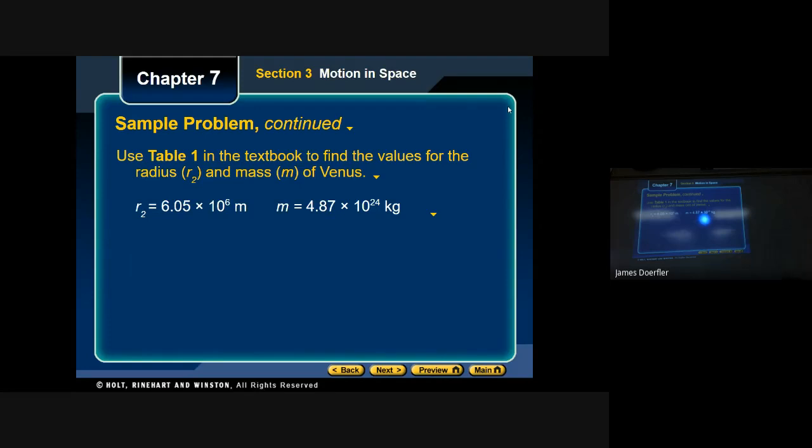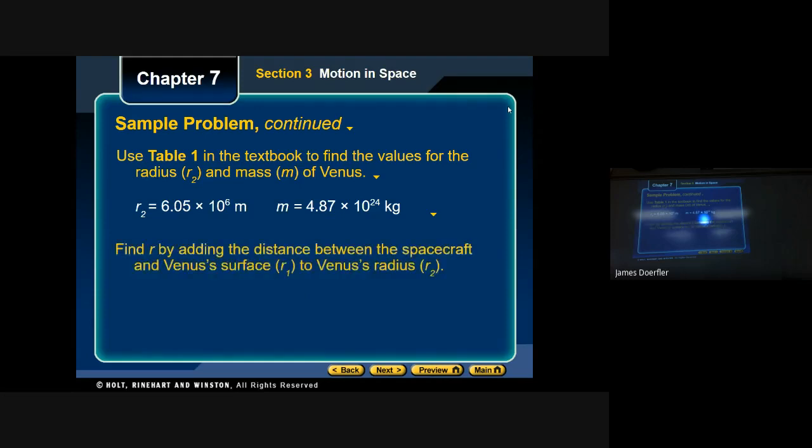So once you have the radius, the mass of the planet, along with whatever other information you were given in the problem, you can then go ahead and start beginning your calculations. But the final step before doing so is an initial calculation. And that is taking the radius of the planet in question, this time Venus, and adding it to the distance that Magellan is from its surface.